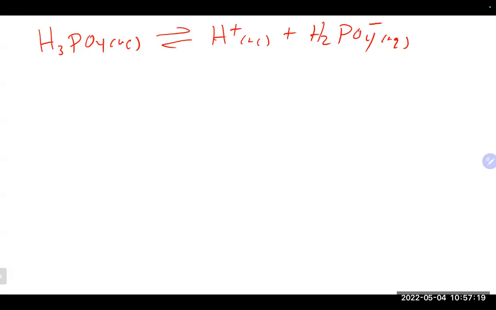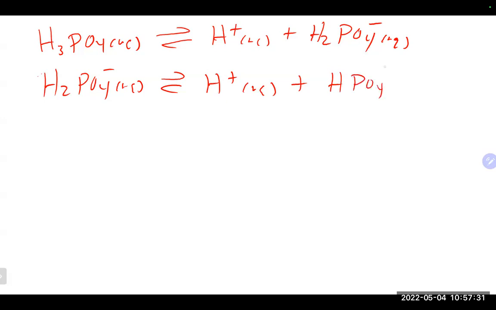The next thing that will happen is the H2PO4 minus will then lose one H plus, and we'll leave you with HPO4 2 minus.